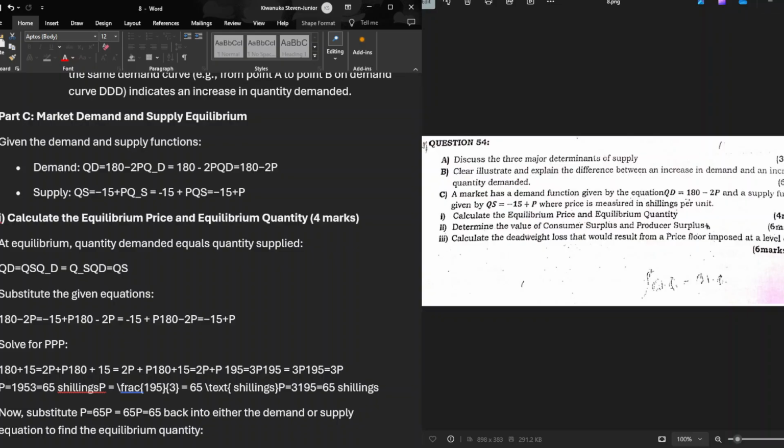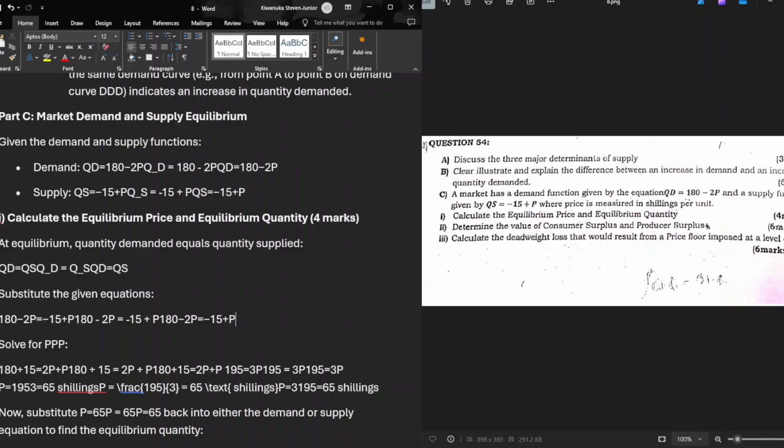So we equate these two equations. After equating, we solve for the value of P, and you guys try it physically. When you solve that, you get P equals 65, and that is price, so we put the units in shillings. That is our equilibrium price.